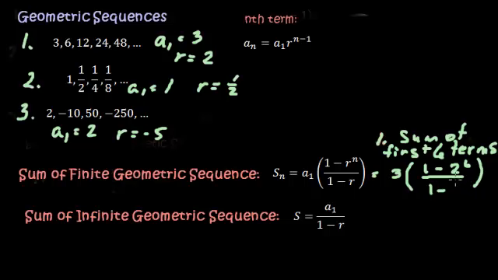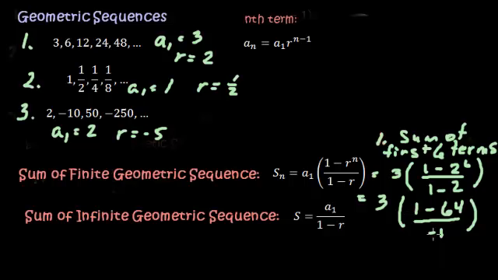So I'm going to have 3 times (1 minus 2 to the 6th, which would be 64) over (1 minus 2, which would be negative 1).